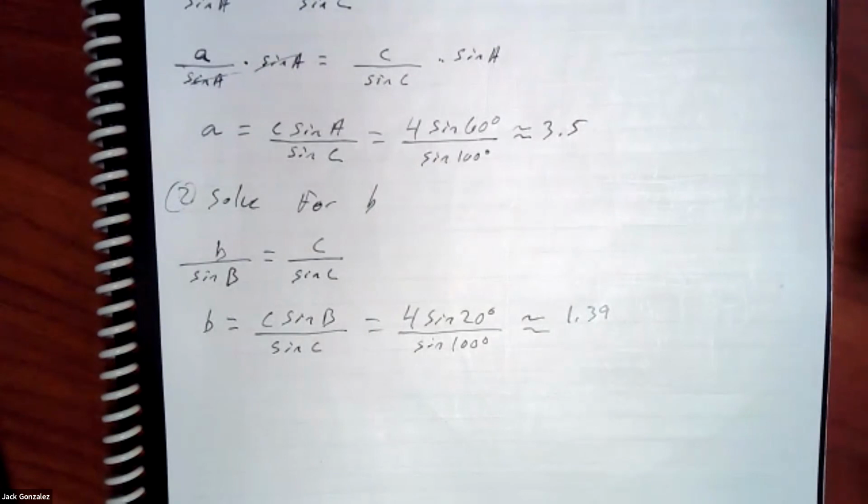So we solved the triangle. We've got all 3 angles and 3 sides.